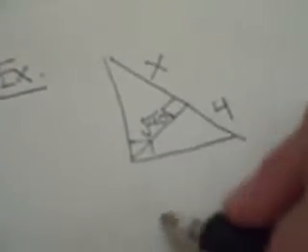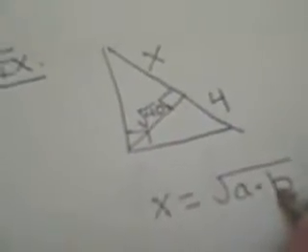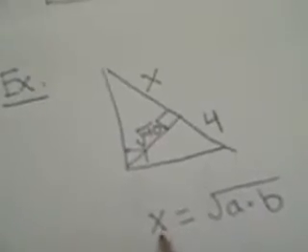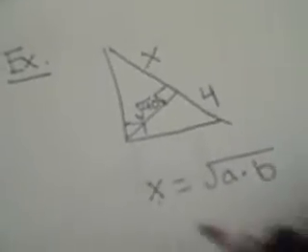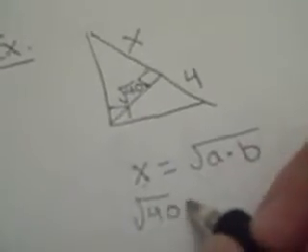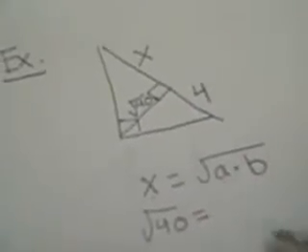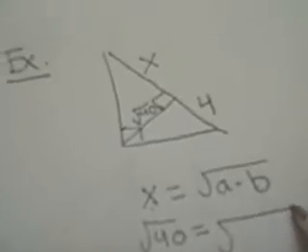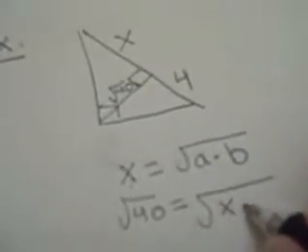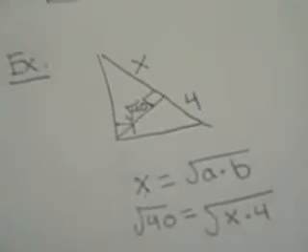This side is equal to 4, and I want you to find x. We're still using the same formula. x is equal to the square root of a times b, but now instead of solving for this variable, we're going to be solving for our a. So we plug the square root of 40 in, so the altitude is going to be equal to the square root of x times 4.